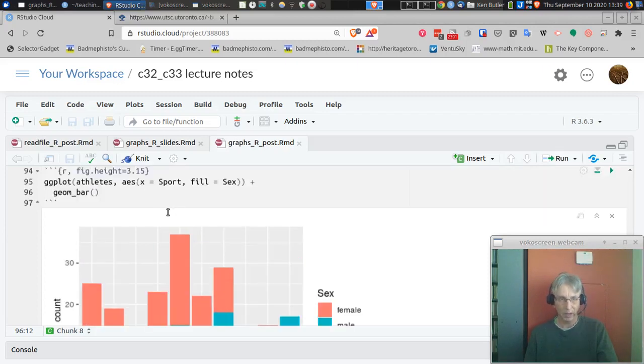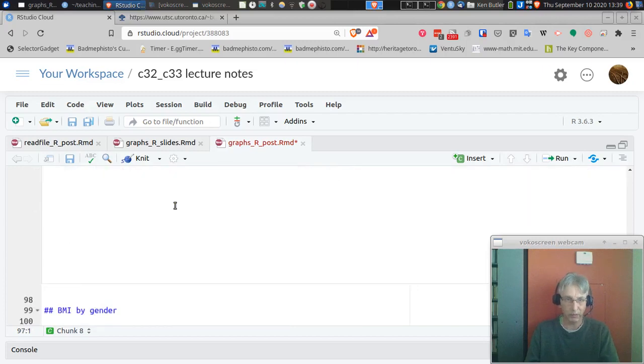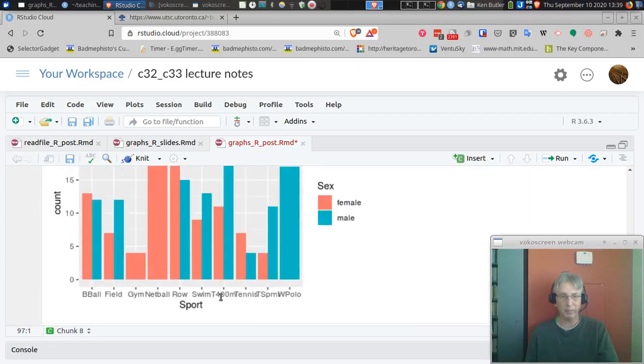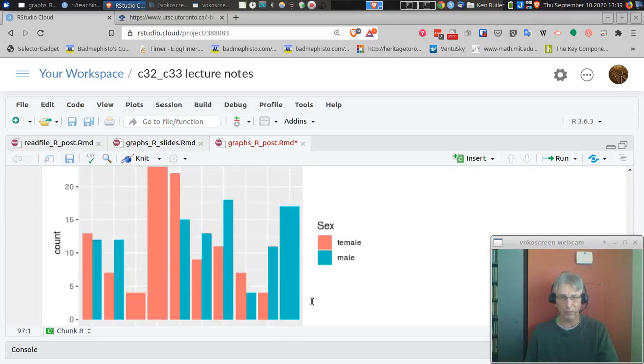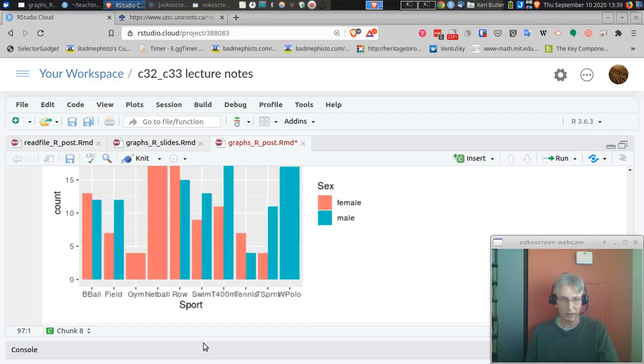And what the position equals dodge, let's put that back in. What that does is it puts the 2 bars that are part of fill, instead of putting them one on top of each other, it puts them one beside each other. And you can compare, for example, for tennis players, there are not very many, but there are more female ones than male ones.